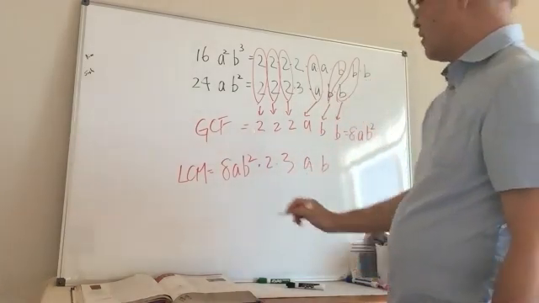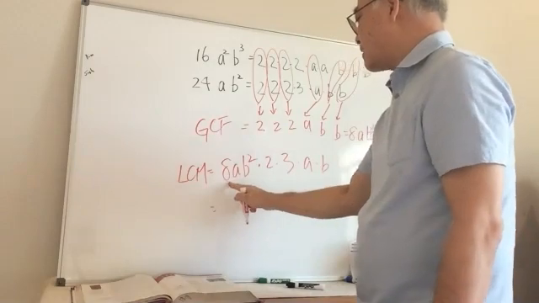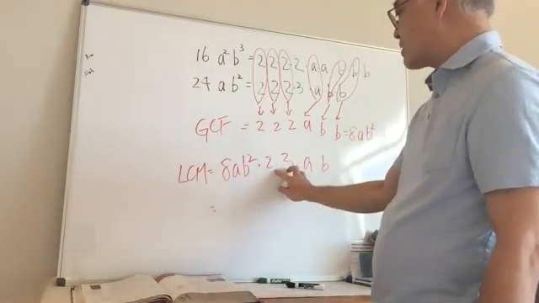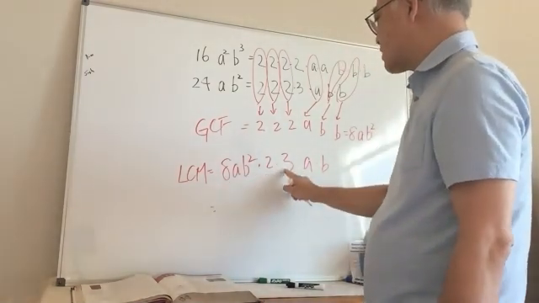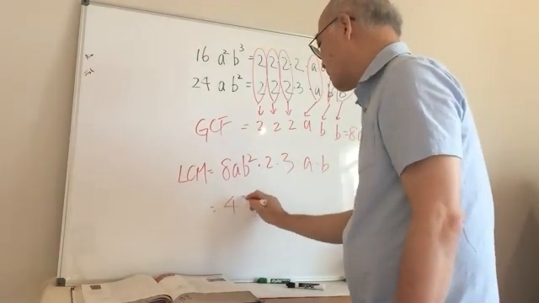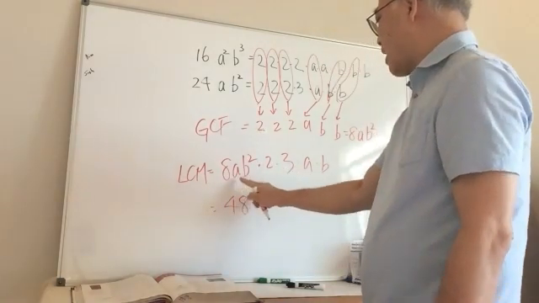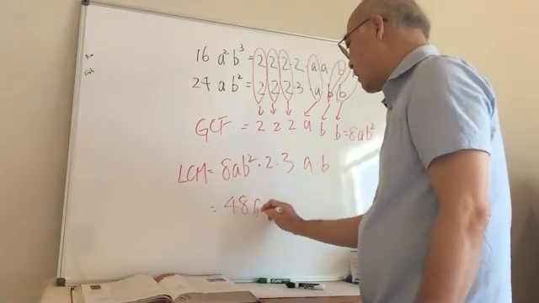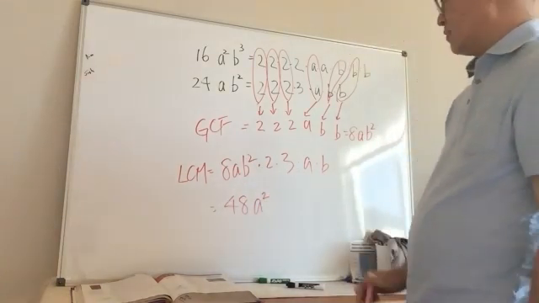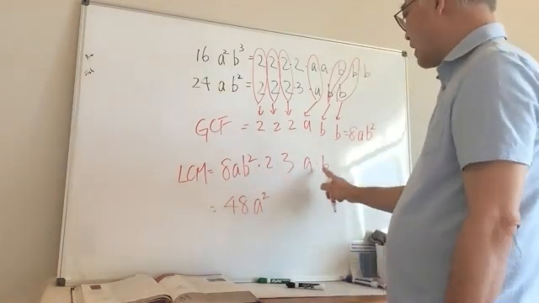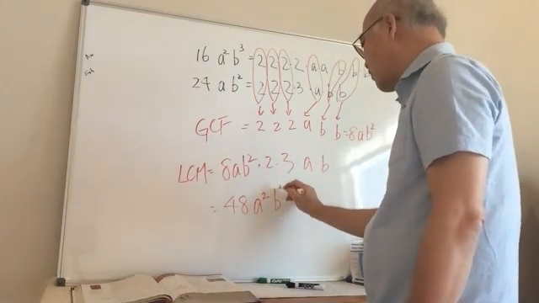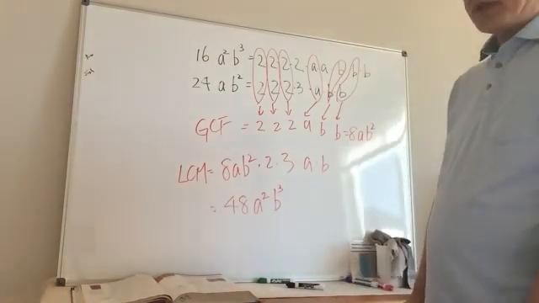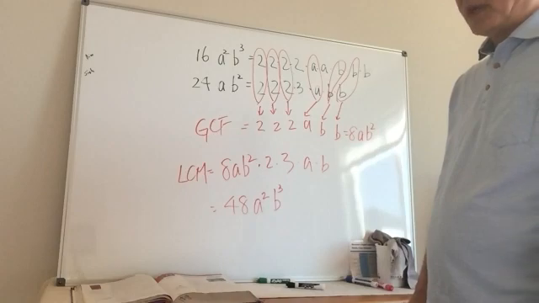So we get 8 times 2 times 3 is 6. 8 times 6 is 48. I have 1 A, I have 2 A's, A squared. B squared times B is going to be B to the third. So that's the least common multiple, okay?